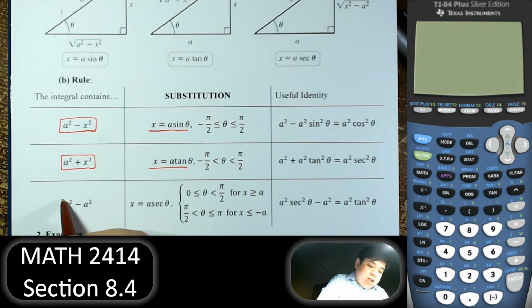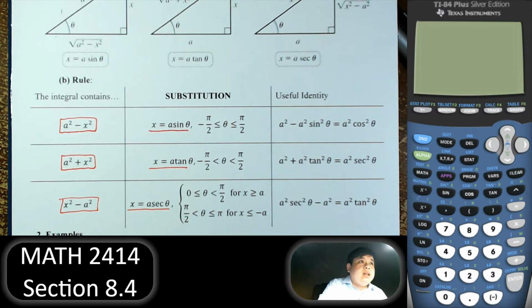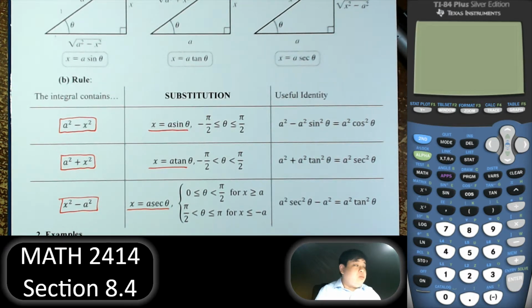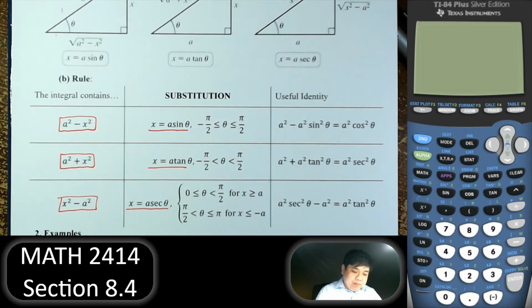And if we have x squared minus a squared, this is the substitution. So, like I said, these three rules are very clear. Just stick to it. There should not be any problem. That's the concept. The execution, the integration, could be a little more complicated, depending on what we get.